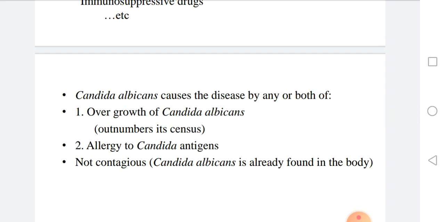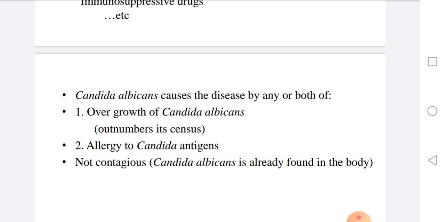Candida albicans causes the disease by either or both of overgrowth of Candida albicans. So there are causes that lead to overgrowth of Candida, where Candida outnumbers its census and becomes more than the normal limit.